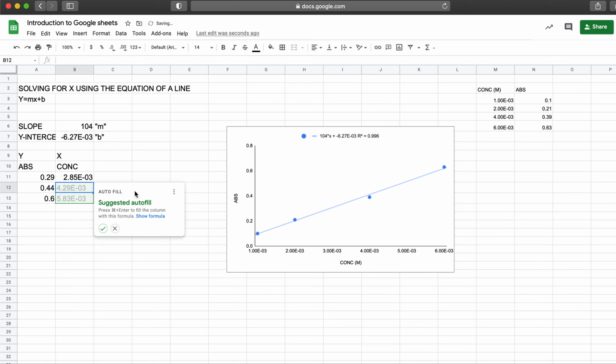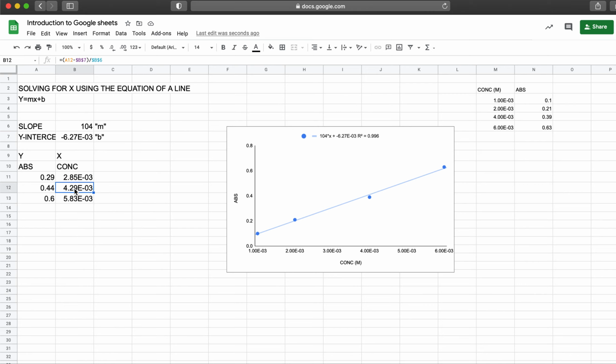And now when I hit enter, you can see that Google Sheets is recognizing I want to do a series of calculations. So it says suggested autofill, and I'll say, sure, why not? Hit enter, but I'm going to check, right? So you can see that that was the one I typed in, and it calculated the value for x given this value for y.